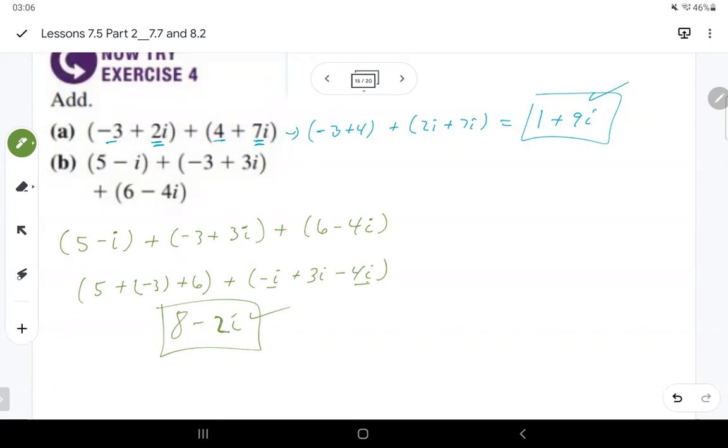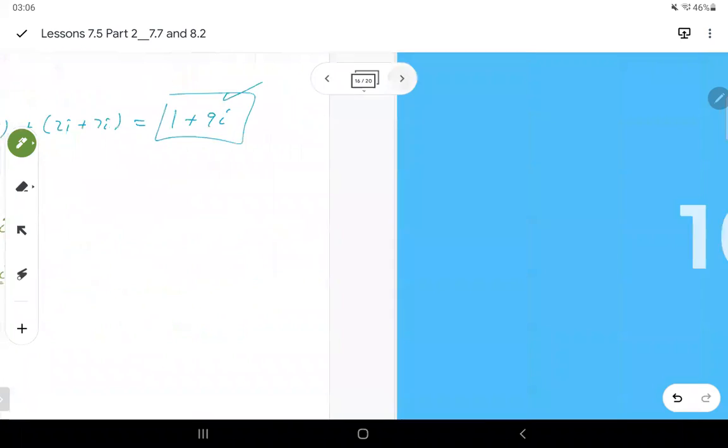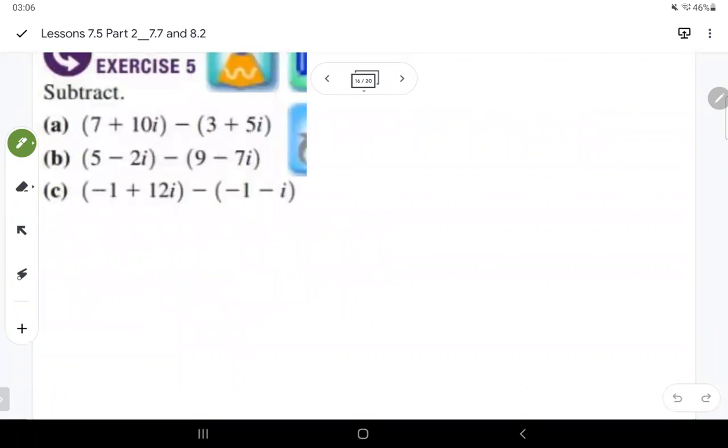And I would recommend doing it that way. I would not try to do it any other way than that. I would do my reals and my imaginaries and leave it at that. Same thing here with the subtractions. So I would do 7. Now in this case, we have to remember that each of these changes signs. So 7 minus 3.